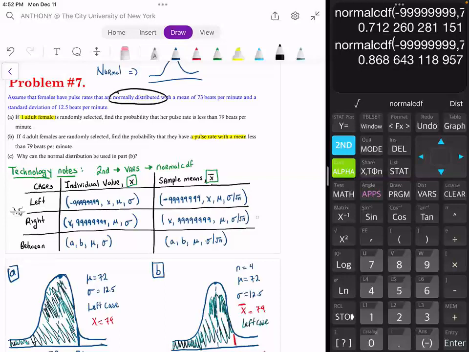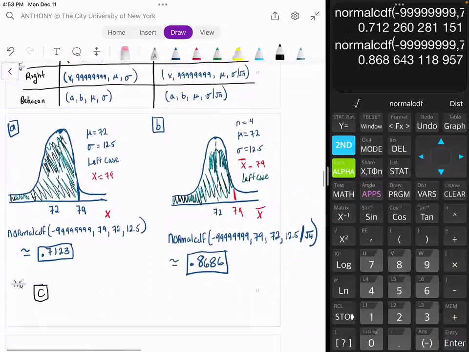Now, if your sample size is bigger than 30 and you know nothing about the distribution of your data set, then you can still use the normal distribution, right? The only time you cannot use the normal distribution is when you don't know if the original data is normal, basically you don't know its distribution, and when your sample size is less than 30, when both of those things happen simultaneously. That wasn't the case here.